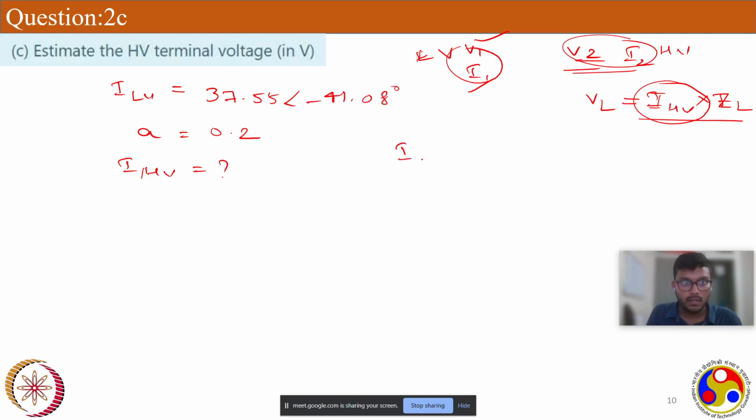So I_HV is equal to I_LV multiplied by a. Now, 37.55 at an angle of minus 41.08 multiplied by 0.2. Can someone tell me the answer for this?